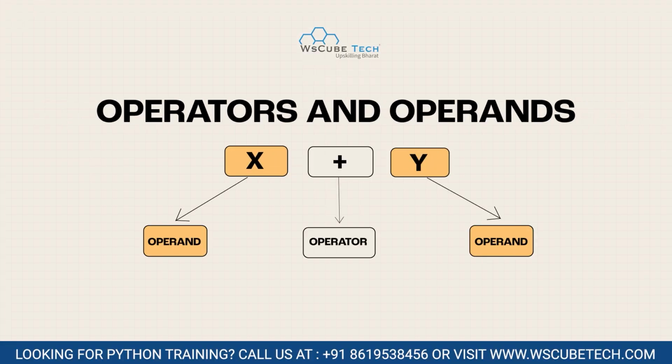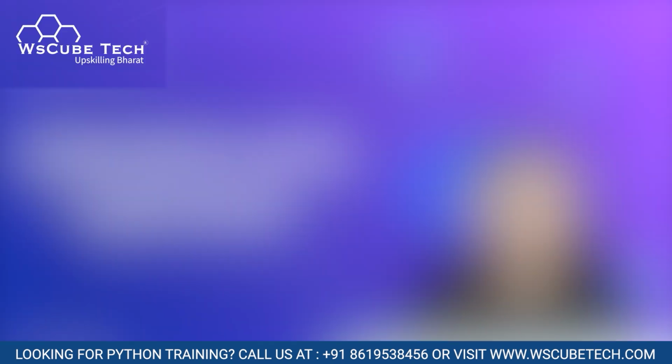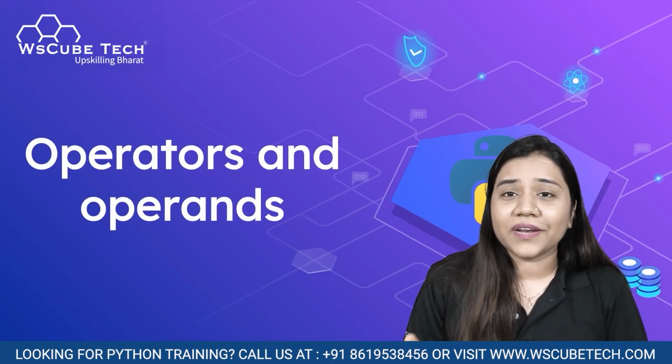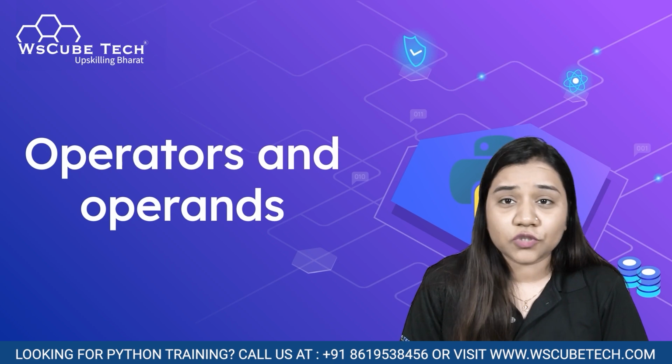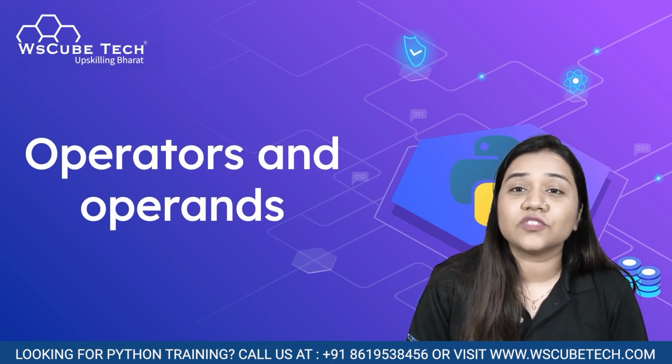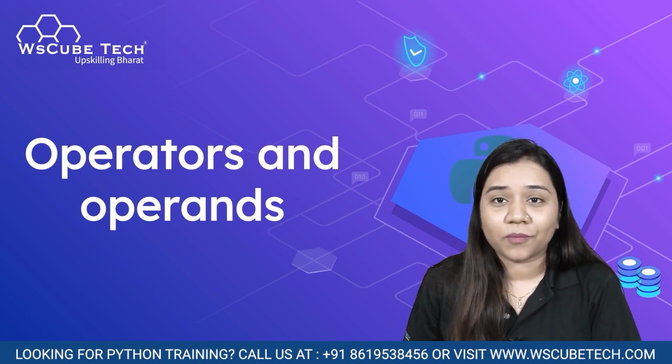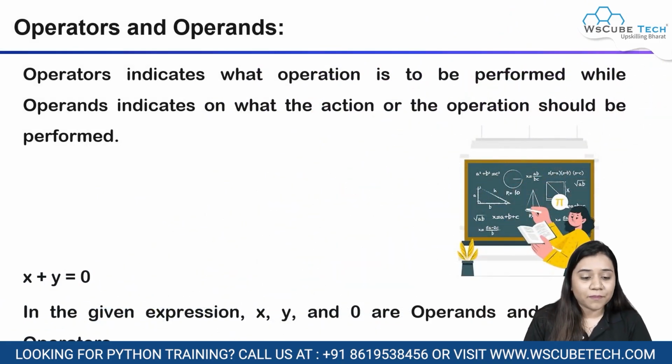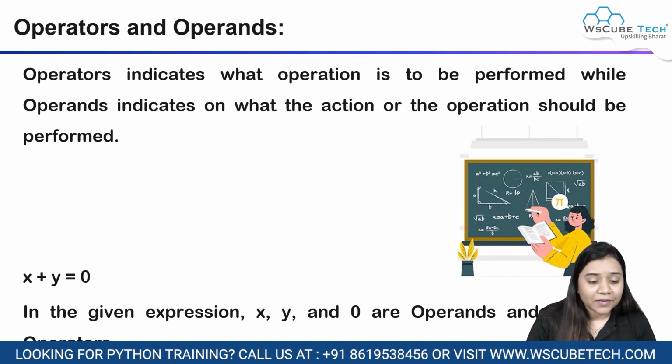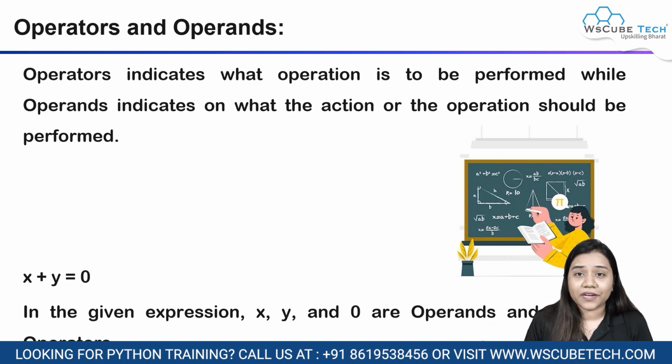In today's session, we will be talking about operators and operands. Operators are the actions that need to be performed, and operands are the ones on which this action will be performed. Let's understand with the help of a simple example. Here we have x plus y is equals to 0. Now here x, y and 0 are the operands, and plus and is equals to are the operators.